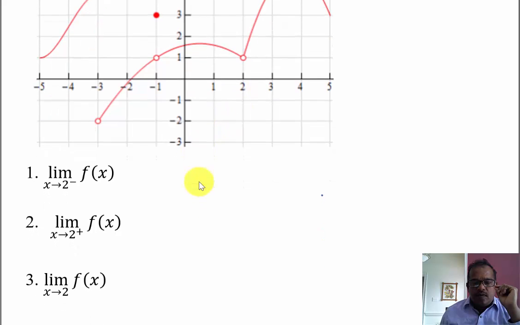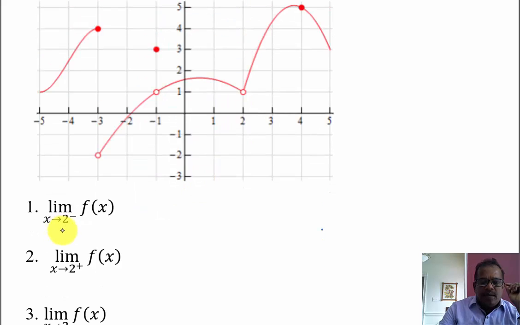So we want to first find the limit as x goes to 2 from the left of f(x), meaning as x approaches 2 from the left. As you see here, the graph of f(x) is approaching this point, whose value is equal to 1.